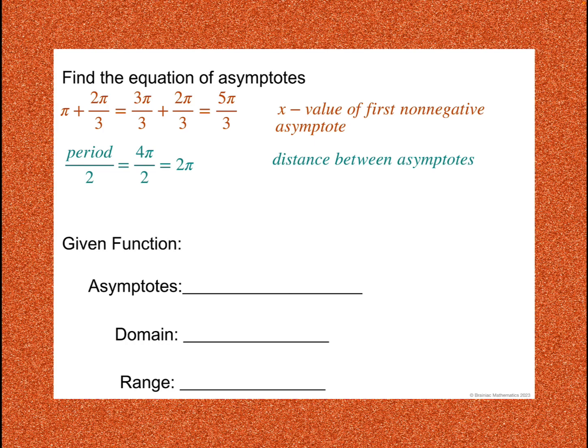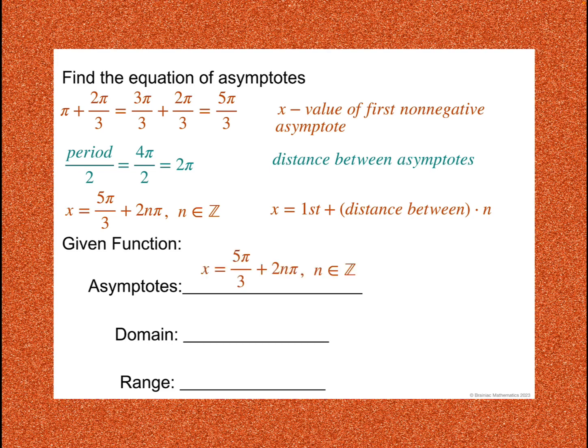Finally, we put these 2 bits of data together to write our equation of the asymptotes. Remember, the equation of the asymptote is found by taking the first non-negative asymptote plus the distance between times n. So x is equal to 5 pi over 3 plus 2n pi, where n is an integer. And that's how you find the equation of the asymptote.